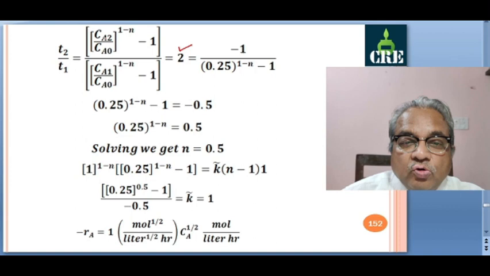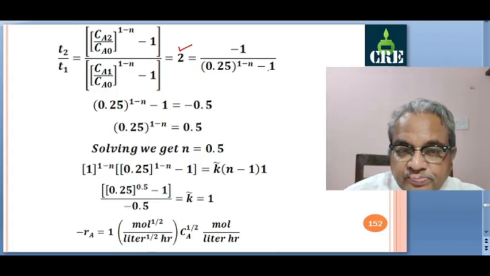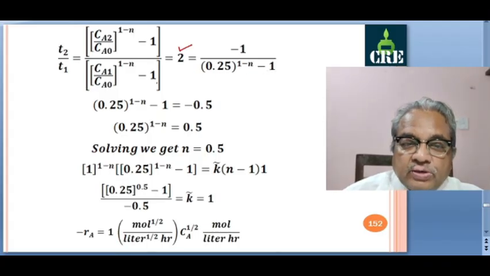What is Ca2? 0. So this becomes 0, and in the numerator you are left with only minus 1. Ca1 by Ca0: Ca1 is 0.25 and Ca0 is 1. So 0.25 raised to 1 minus n, minus 1. For 75% conversion, Ca1 is 0.25.